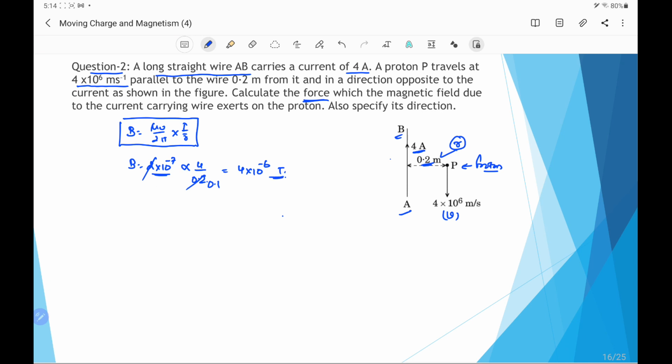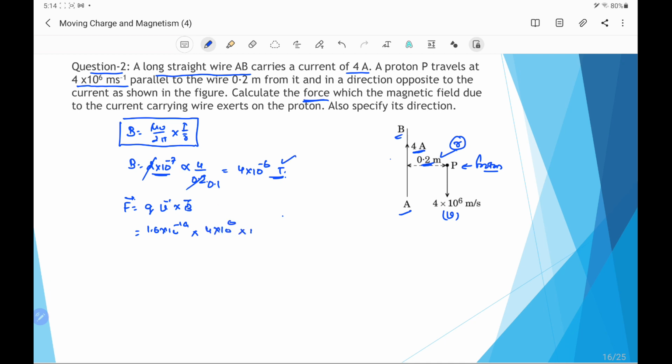This field creates a force on the charge moving in this field. So this force is given by F equals Q into V cross B. Here the charge is the proton, that is 1.6 into 10 power minus 19 coulomb. Velocity is given, 4 into 10 power 6.